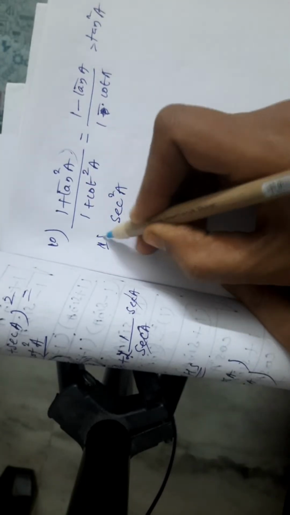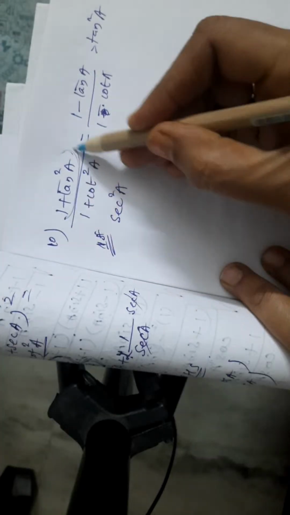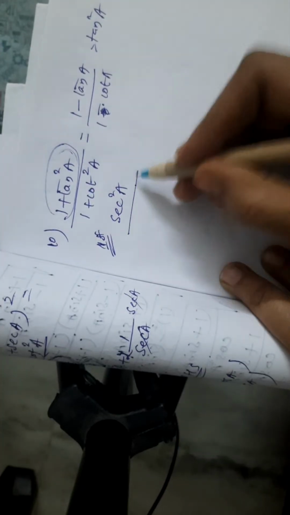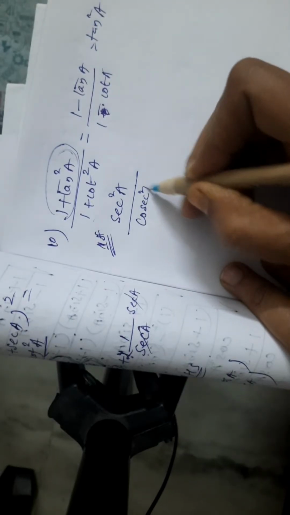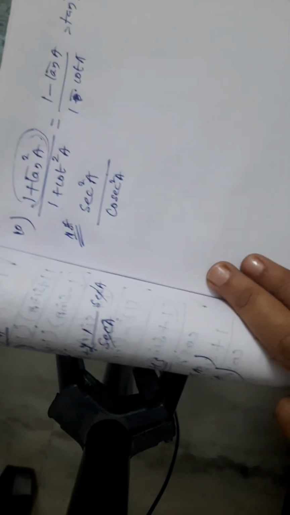So the first term I am solving, I directly replace this with sec square. The same way 1 plus cot square is cosec square A. Now use their formulas.